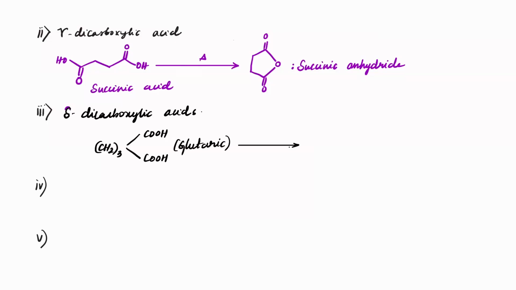And glutaric acid on heating, what do we get? Glutaric acid on heating will give us an anhydride, same type of anhydride here. So that will be a 6-membered ring now.